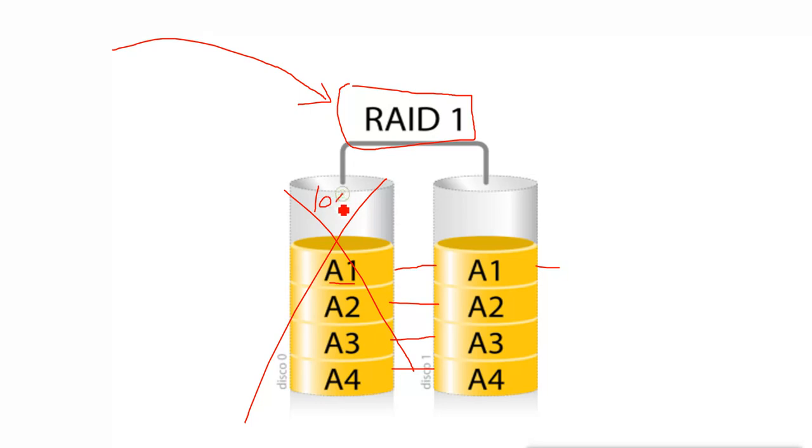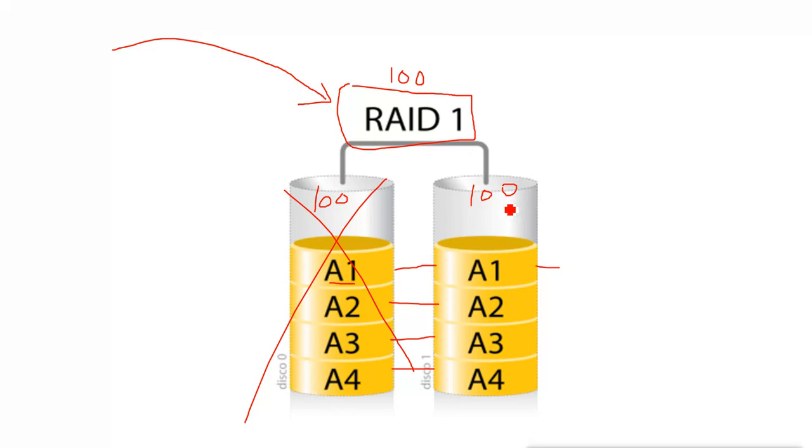If this disk is 100 GB and this disk is 100 GB, in stripe volume we get the combined space, but in RAID level 1 we will lose half of the space and in total we will get only 100 GB.